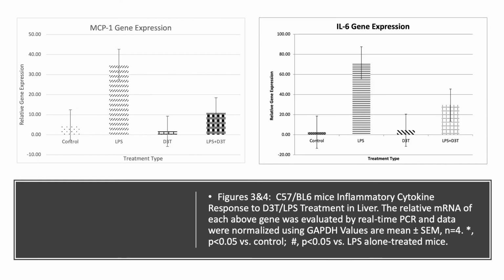However, when you look at this slide, we have MCP1 and IL-6 gene expression. They are both pro-inflammatory genes, and the treatment of LPS has shown significant increase in both of those gene expressions compared to the D3T control and LPS plus D3T.